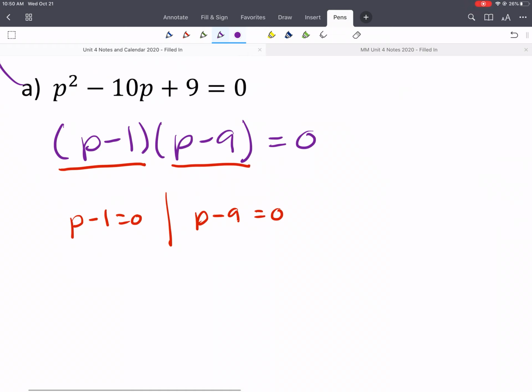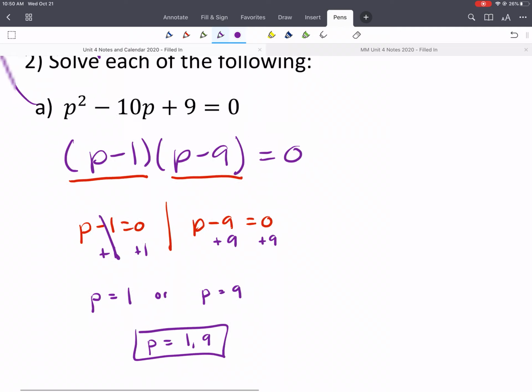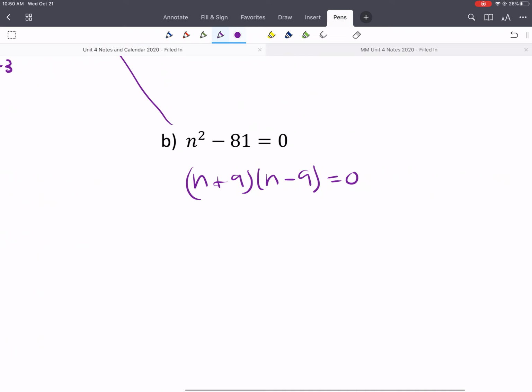So here we will add 1 to both sides, and we get P is equal to 1, or if we add 9 to both sides, we get P is equal to 9. So our solution will be P is equal to 1 comma 9.